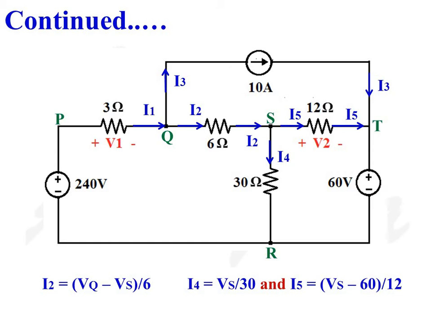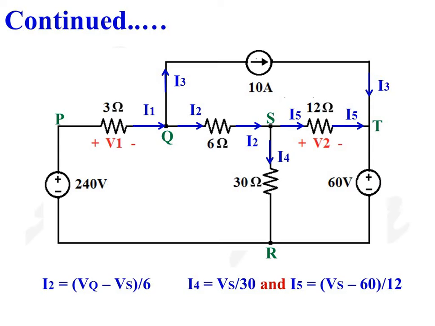According to Ohm's law, I2 is equal to Vq minus Vs the whole divided by 6. I4 is equal to voltage at node S with respect to reference node minus voltage at node R with respect to reference node the whole divided by 30.